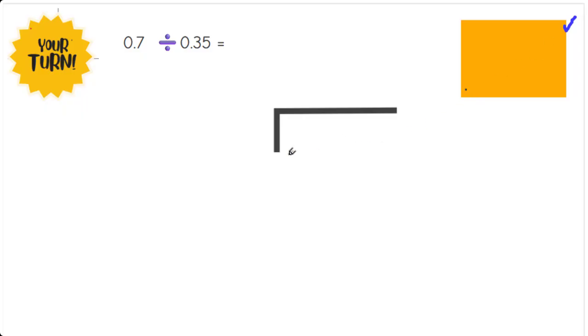Let's put it into the house. 0.7 divided by 0.35.